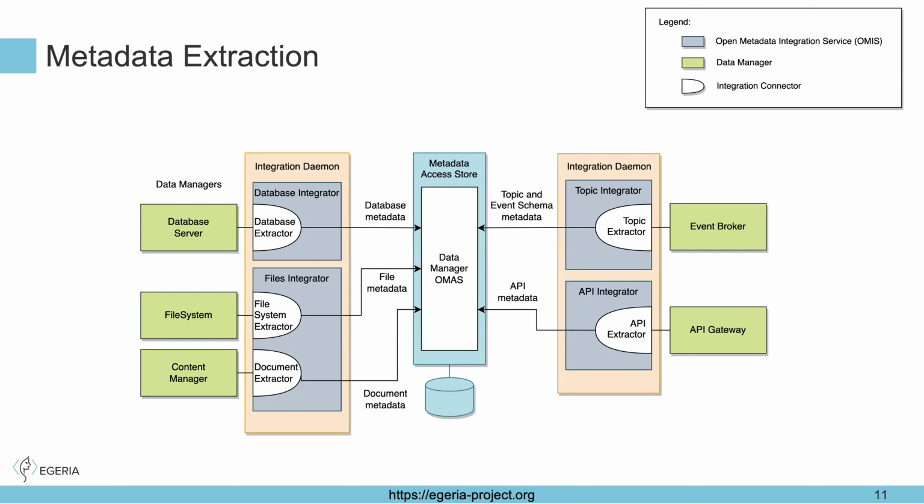And in all of these cases, the metadata is coming from the third-party technology into Egeria. So we're always trying to make Egeria accurately reflect the metadata that is stored in these elements. So that's just simple metadata extraction.